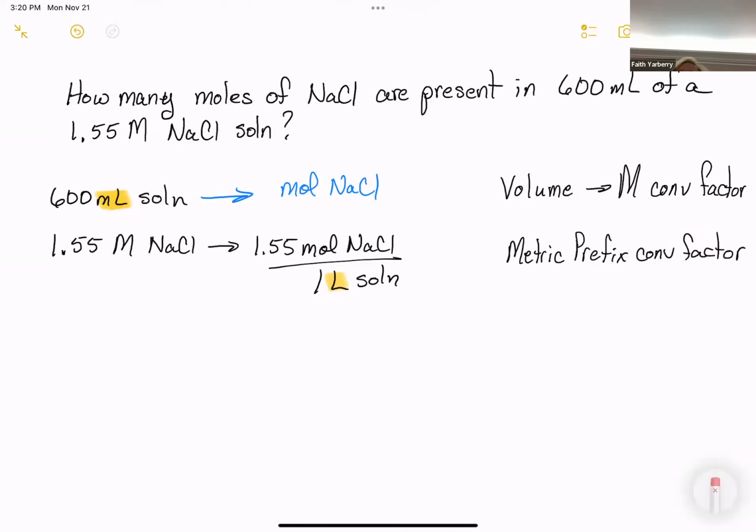And that is 1,000 milliliters is equal to 1 liter. Or you can use 1 milliliter is equal to 1 times 10 to the minus 3 liters. Either one.